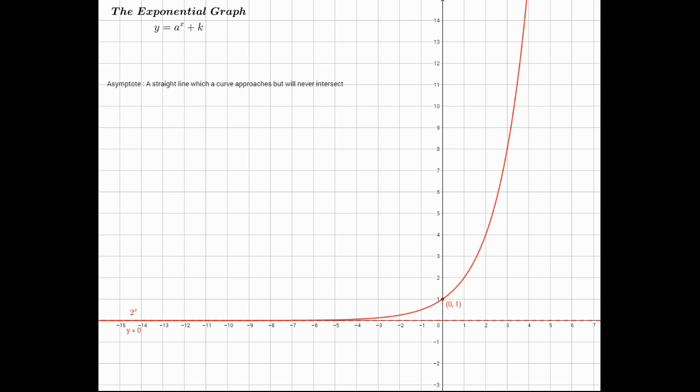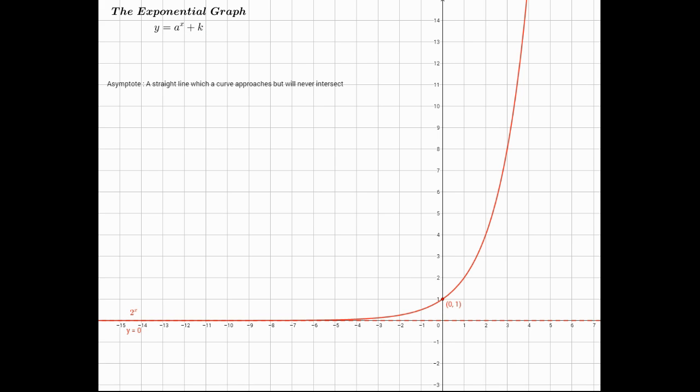So in this video we're going to look at what happens when we change the values of the base and the constant. Pretty much all exponential graphs follow the form of y equals a to the power of x plus k, where a is known as the base, the x is the index or the indice, and k is the constant.